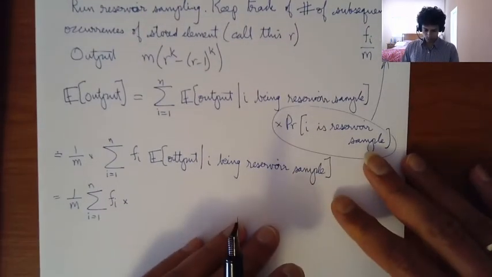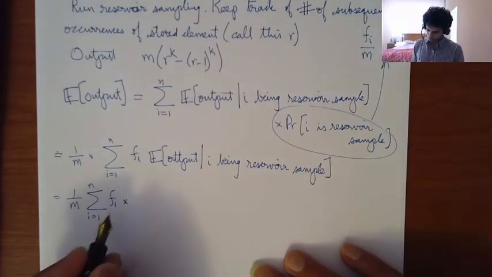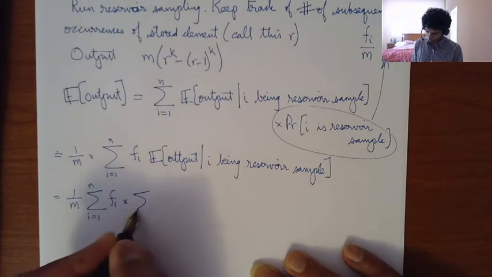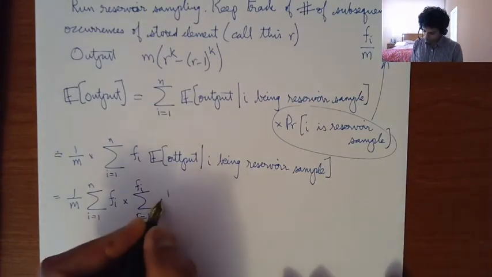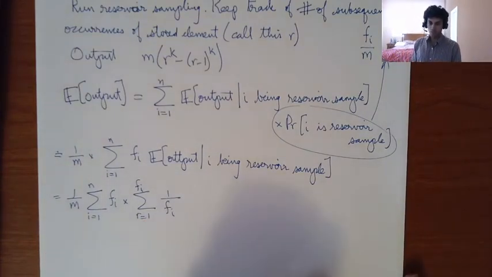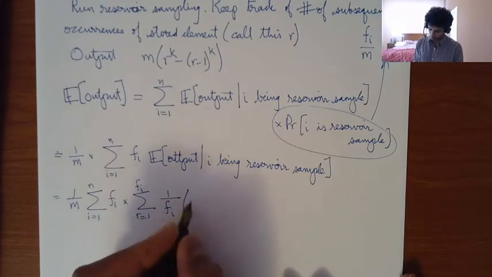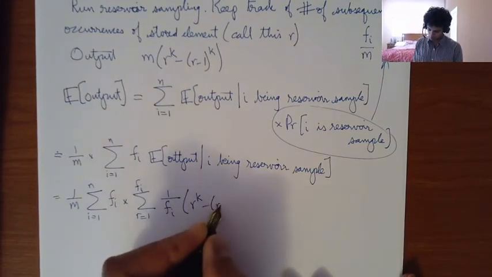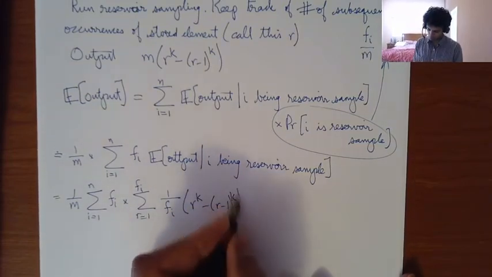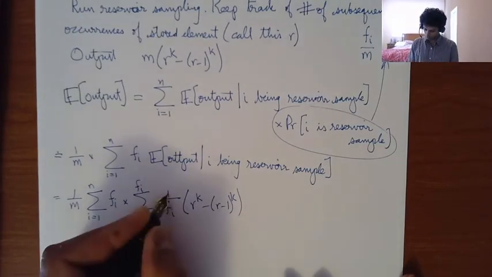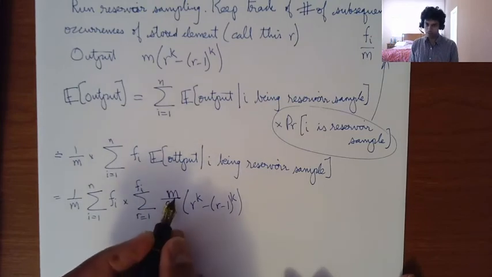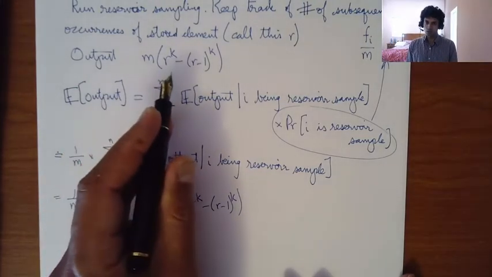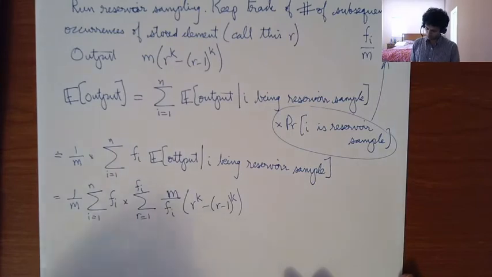And therefore, I can write this out as f of I times the sum over R going from 1 to f of I. Each choice occurs with probability 1 over f of I, times R to the k minus R minus 1 to the k, and times m. There is an m because the output is m times R to the k minus R minus 1 to the k.